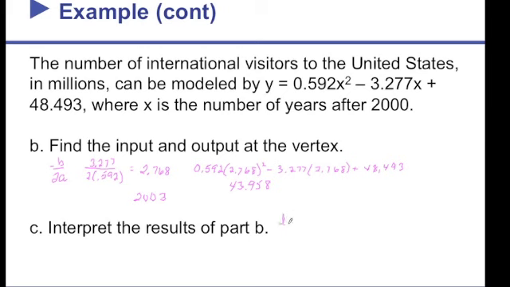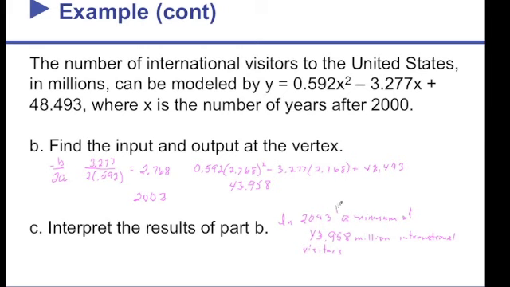So in 2003, a minimum, because we already determined this was a minimum, of 43.958 million international visitors.